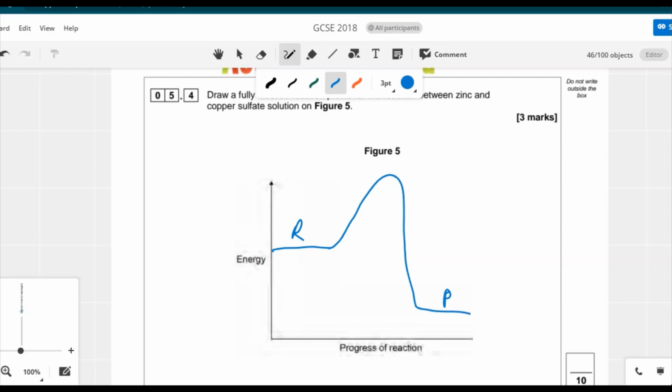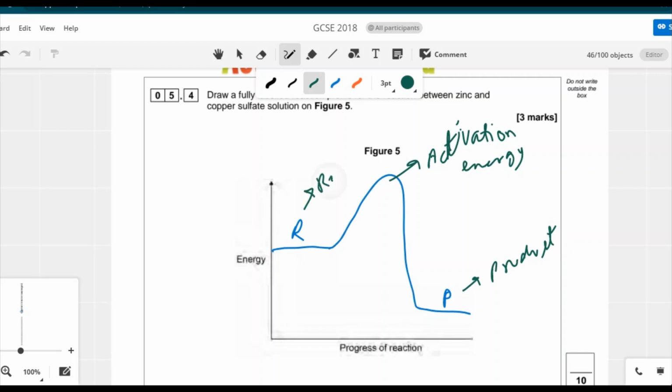So please remember, for the exothermic reaction, the reactants will be at a higher level as compared to the product, or you can say that the energy level of the reactant will be higher as compared to the product. So that is the activation energy, and then here is the product, and here is the reactant.